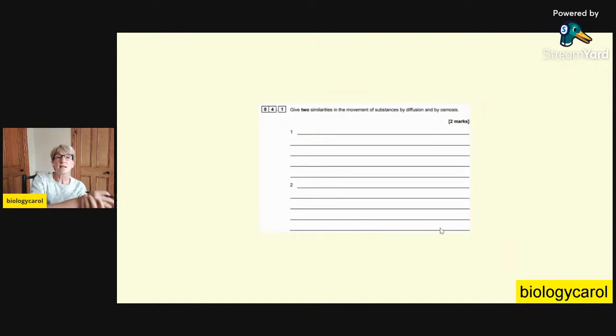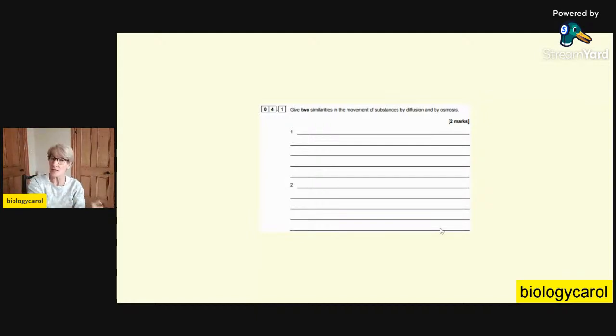Give 2 similarities in the movement of substances by diffusion and by osmosis. Well, a really obvious one is that both, whatever the substance is moving by diffusion and water, which is the only thing that is moving in osmosis, go down their concentration gradients.